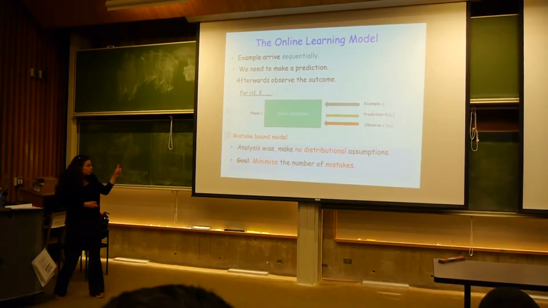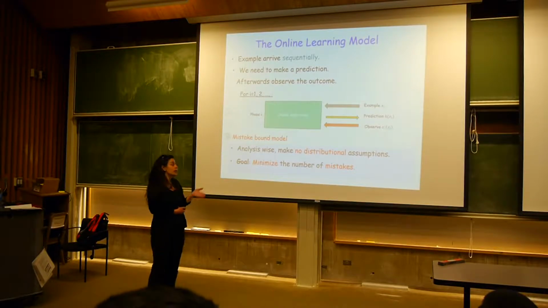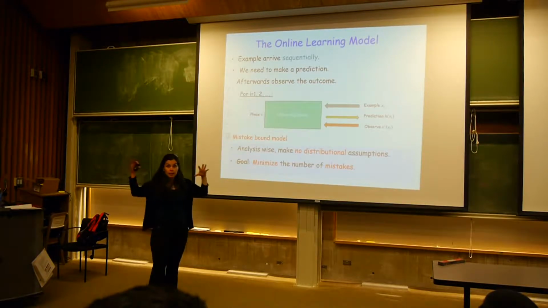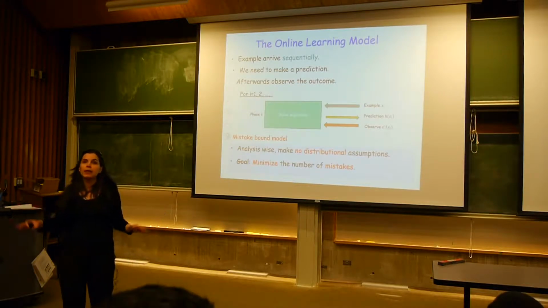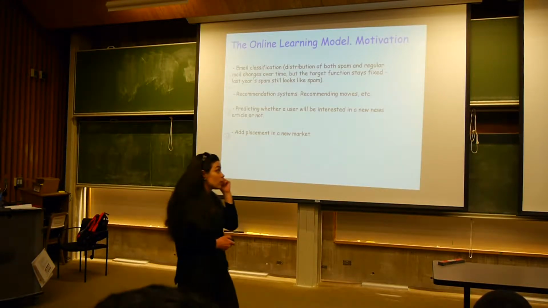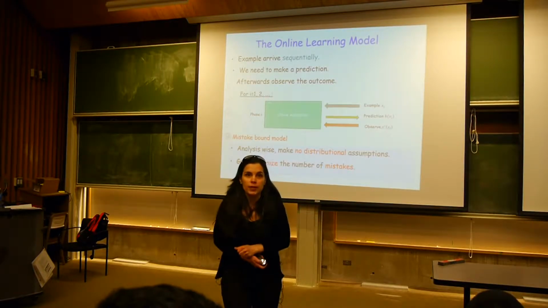So here we make no assumptions about the input sequence of examples, which is a worst case sequence, and our goal will be to bound the number of mistakes, and we'll assume that the target function is nice. I'll be very concrete today. I'm just going to focus on the case of linear separators because I want to talk about the perceptron algorithm.